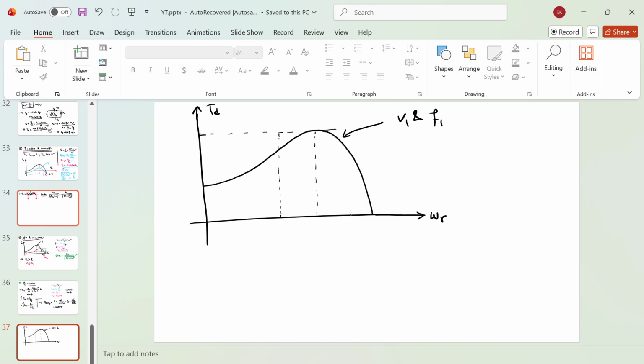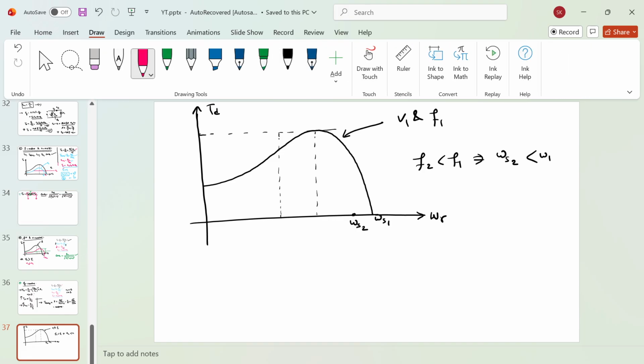Okay, and let's say this was the omega s1, and this will be my omega s2. As frequency is decreased, my synchronous speed will also decrease. Okay, so my maximum torque stays the same, and my starting torque will increase.